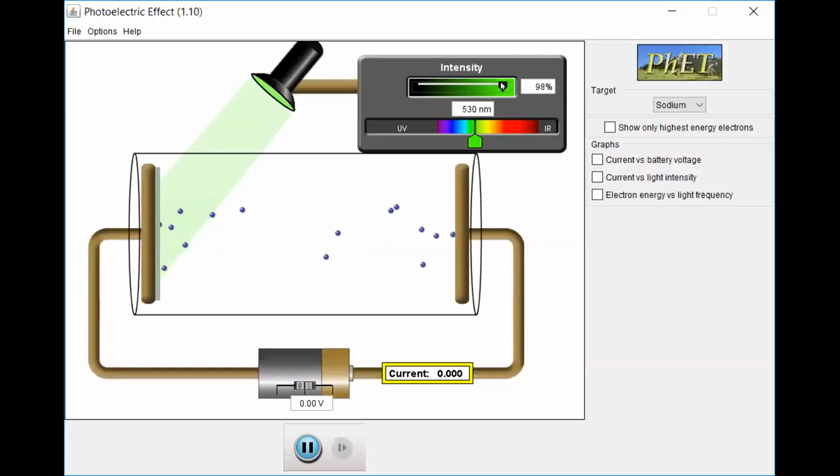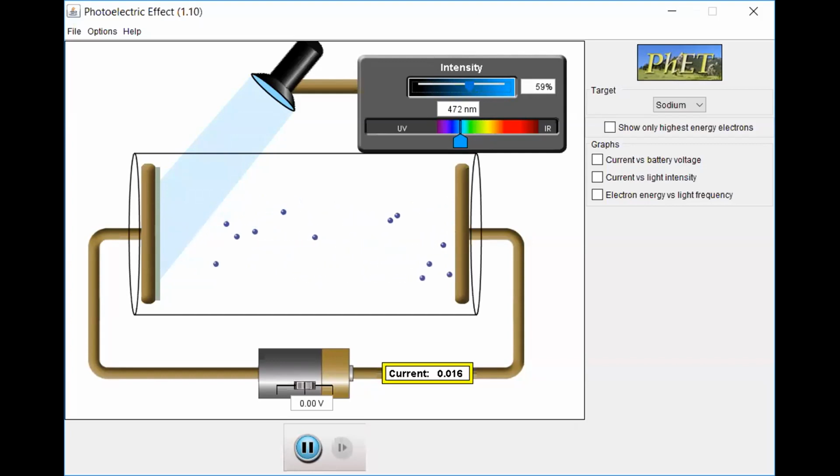So if the intensity of the light is higher, you're hitting the surface with more quanta of energy, so more total energy. What's happening though, and Einstein explains, is it's not the total amount of energy, it's the energy per packet that governs whether those electrons are going to be ejected at all.